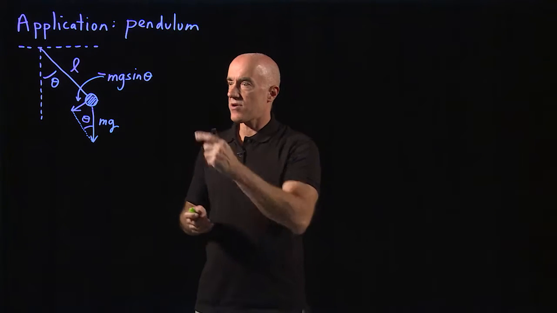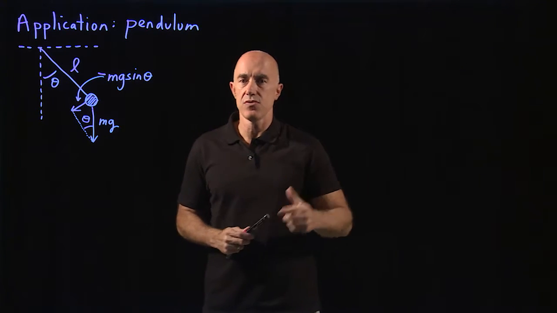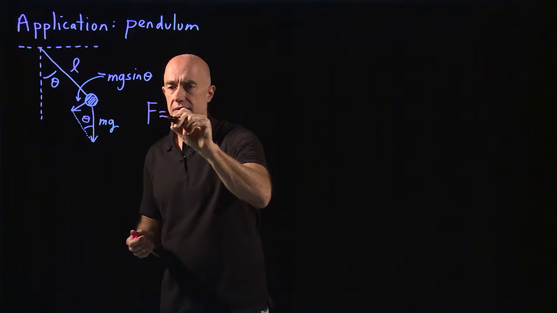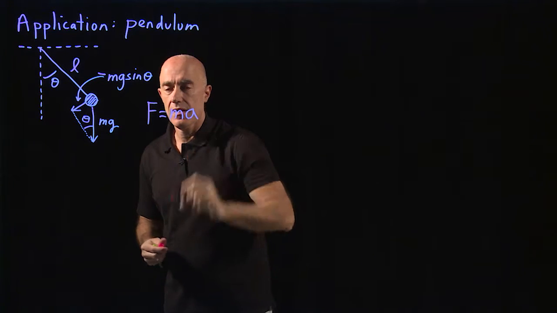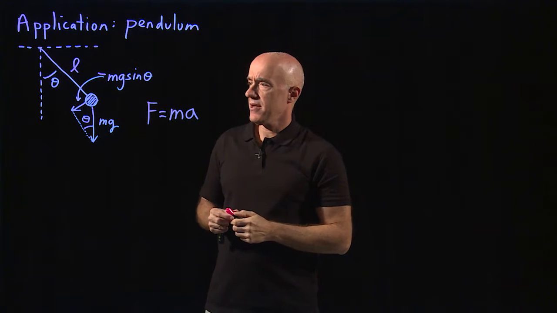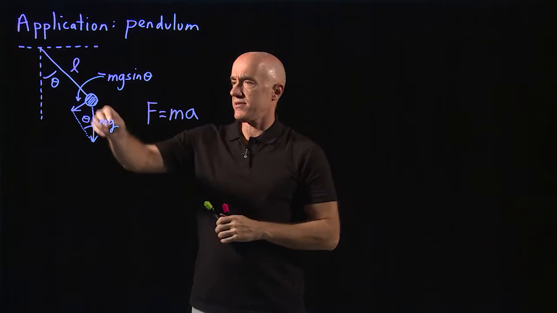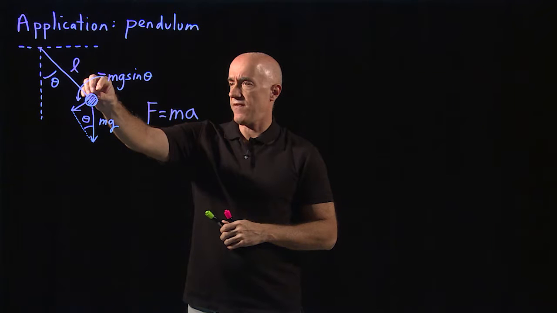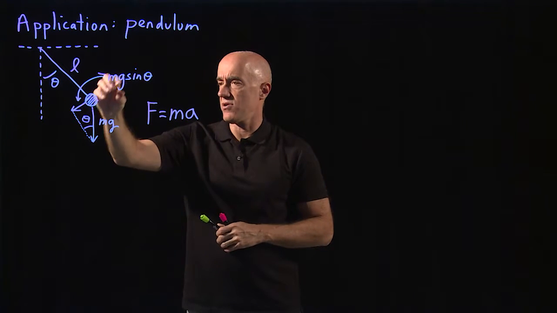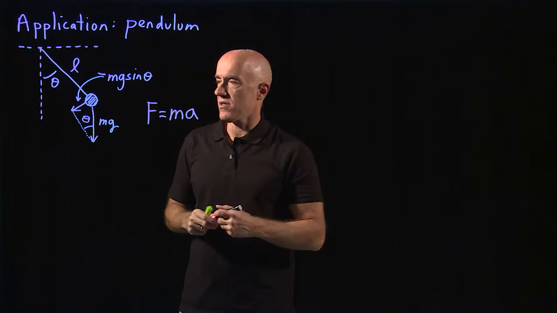Okay, how do we write the governing equations for this? This is, again, Newton's equation. So F equals ma. What is our coordinate system here? The easiest way to write a coordinate system is to use the fact that this mass is constrained to move on an arc. So we can just measure distance along the arc.